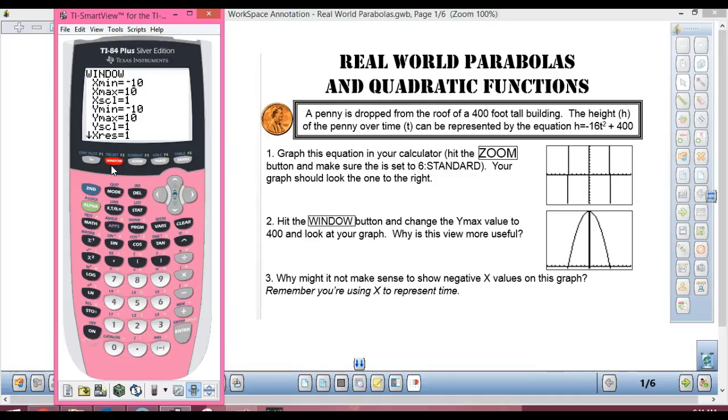It's telling us that our y is going to start down here at negative 10, and it's going to go up to a positive 10. That's what that's telling us. Now, it tells us to change our y max value to 400. Why do you suppose we want our y to go up to 400?